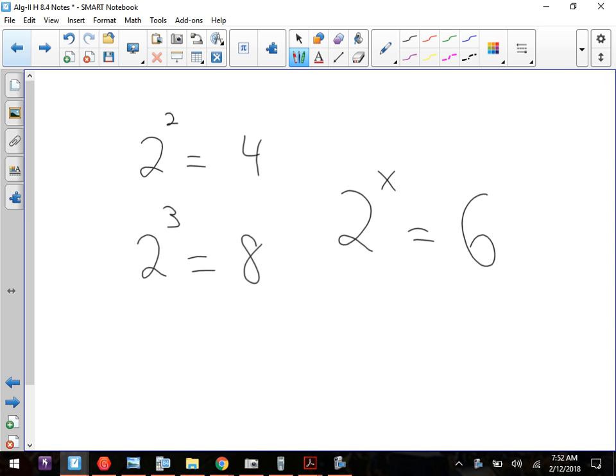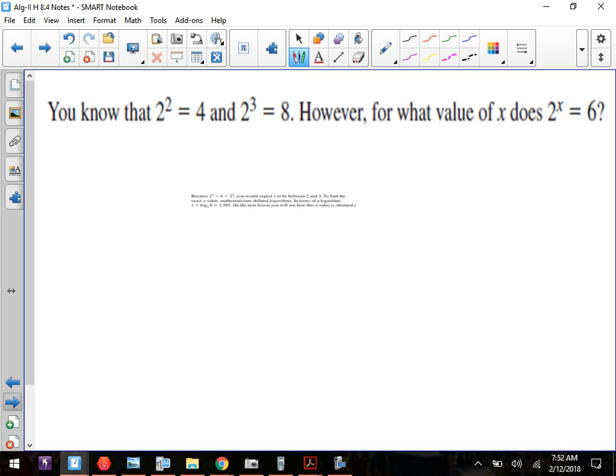2 to what power equals 6? Logarithms. Logarithms allow us to solve for unknown exponents by changing around what are called bases. Logs allow us to do that.